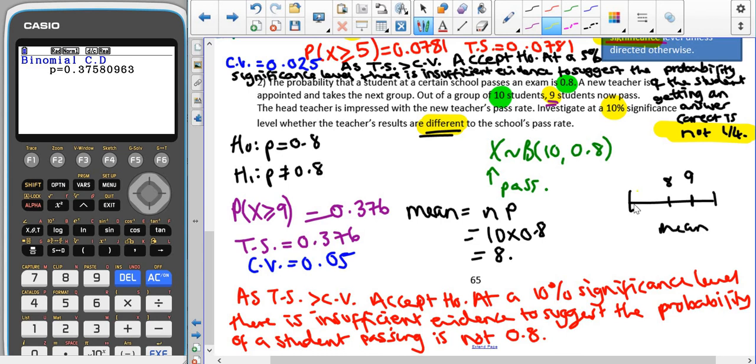If I was to look at this side here, this is obviously going to be more than half because it's a lot of numbers that are going here. However, if I have a look at this side, it's going to be the smaller of the two sides of the 9, which means that this is the probability that I'm looking at, which is the probability of x being greater than or equal to 9. So if you get really, really stuck, have a look on the number line, put your mean on, put the value that you've got from the test in the question, and then have a look at which part of that is going to be smaller.